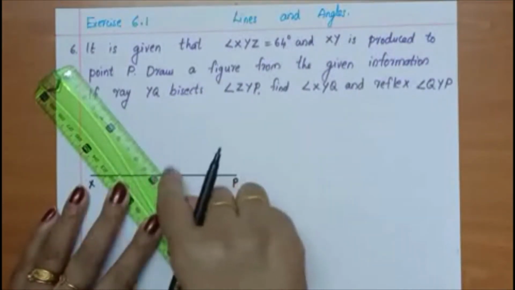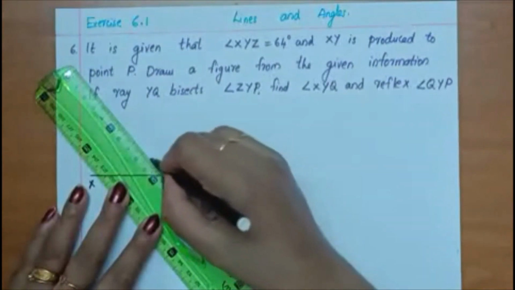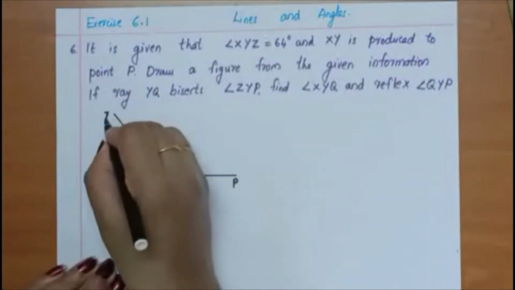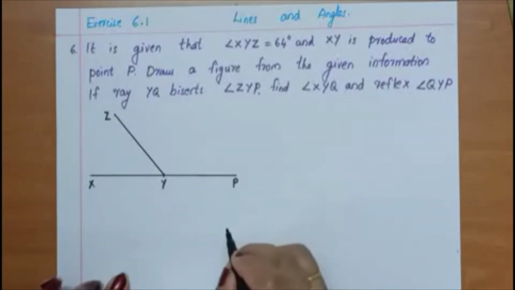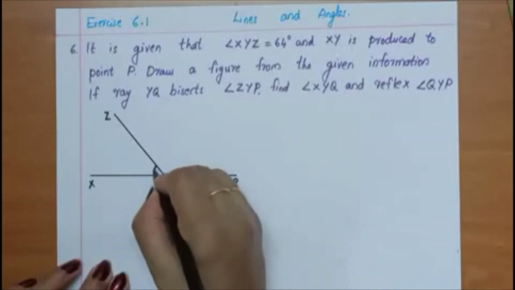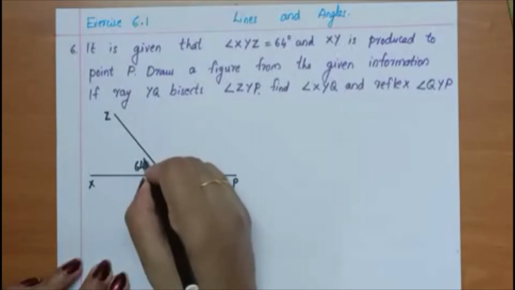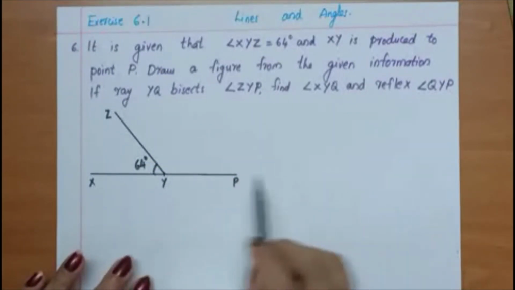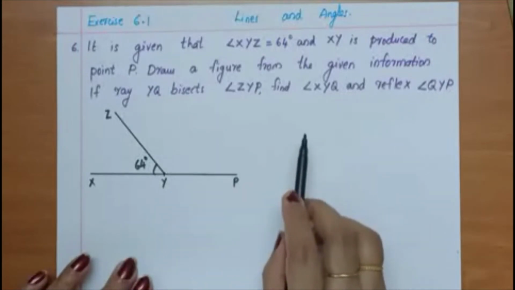That means we have to draw XY and Z. This is XY, Z, 64 degree, given angle XYZ 64 degree, and XY is produced to point P.